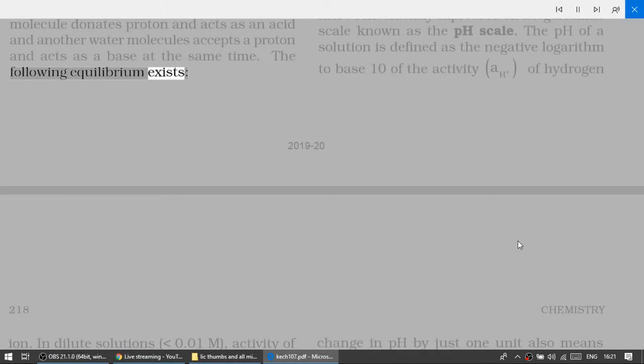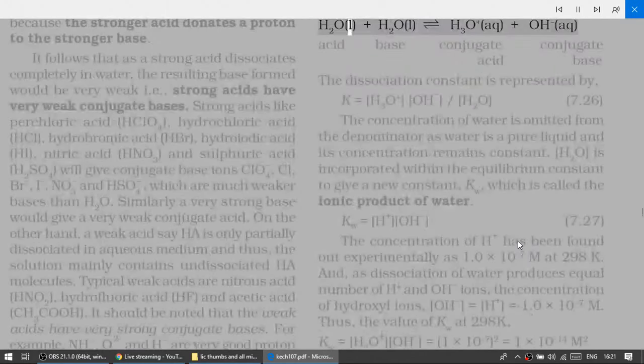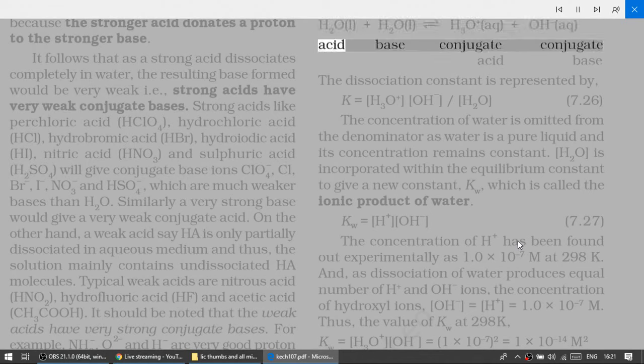The following equilibrium exists: H2O(l) + H2O(l) ⇌ H3O+(aq) + OH−(aq), acid, base, conjugate acid, conjugate base. The dissociation constant is represented by K = [H3O+][OH−]/[H2O] (7.26).